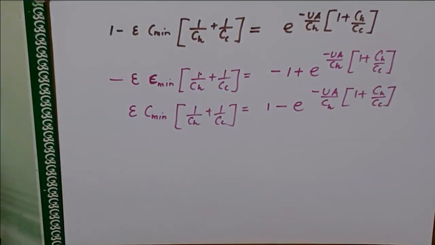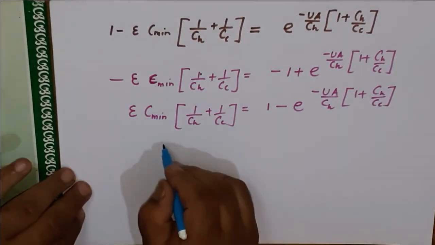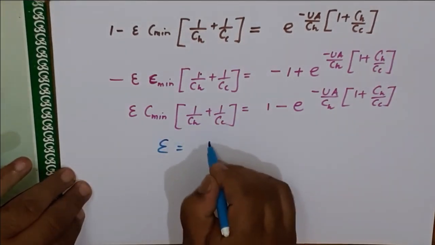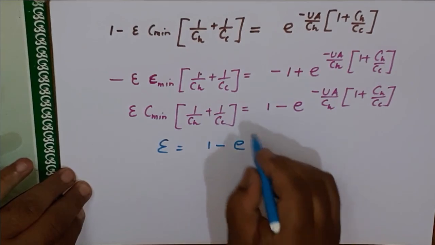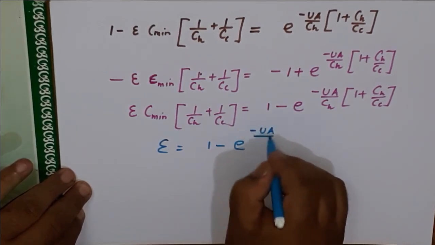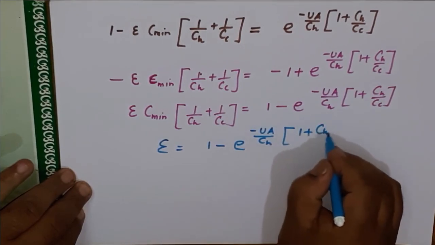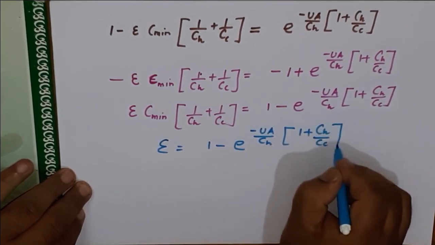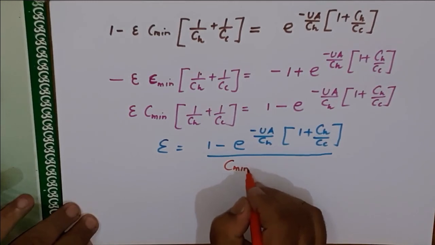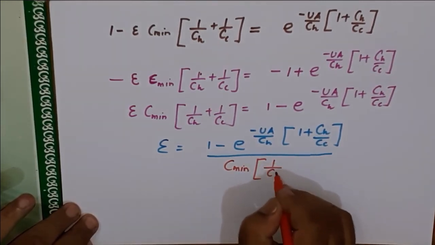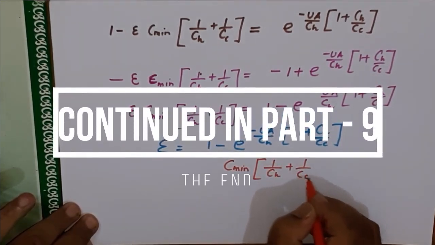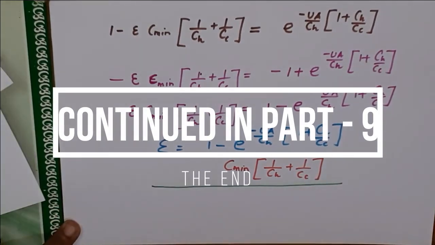Or you want effectiveness alone. So effectiveness is 1 minus E power minus UA by CH into 1 plus CH by CC, divided by C minimum into 1 by CH plus 1 by CC. This is the equation for effectiveness.